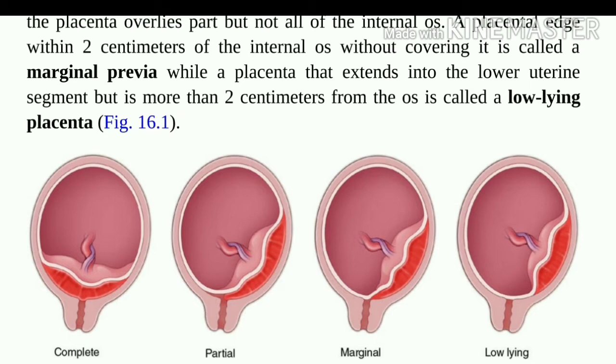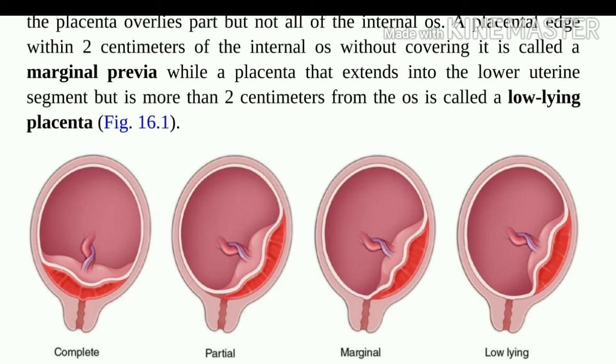If the fundal area of the uterus is not well vascularized, there is less chance of the placenta forming in the upper area. Or it may be damage from a previous cesarean section, where the fundus has some sort of scar, so the placenta will not attach to the upper segment.